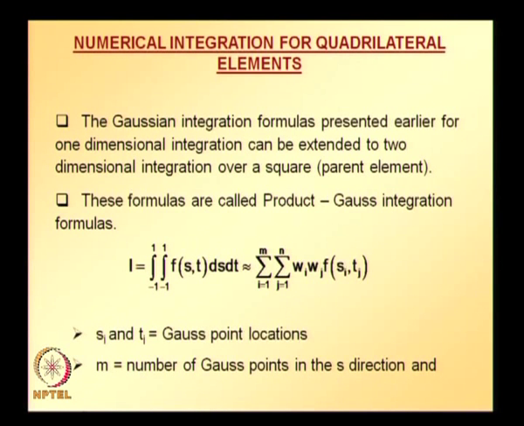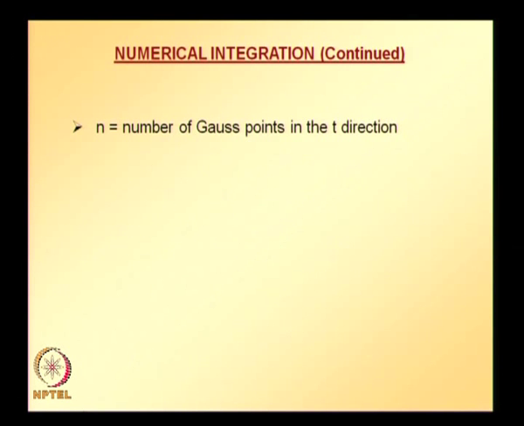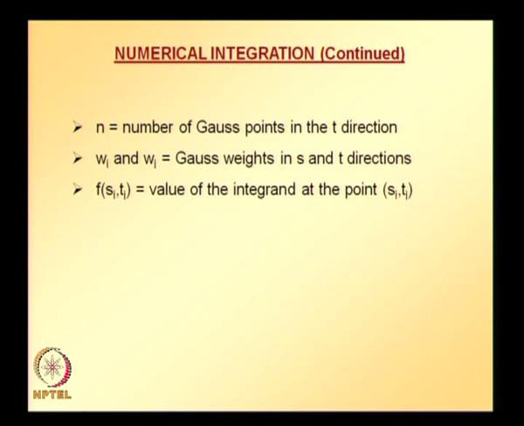So, here si and tj are Gauss point locations, m is the number of Gauss points in the s direction, n is the number of Gauss points in the t direction, and wi, wj are the Gauss weights in the s and t directions. The function f(si, tj) is the value of the integrand at the point si, tj.